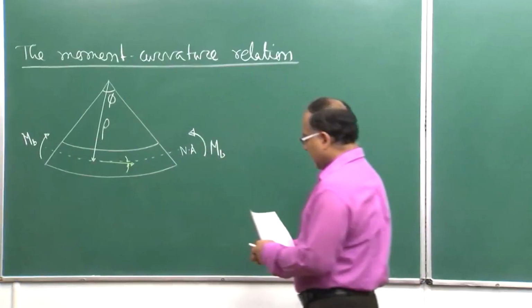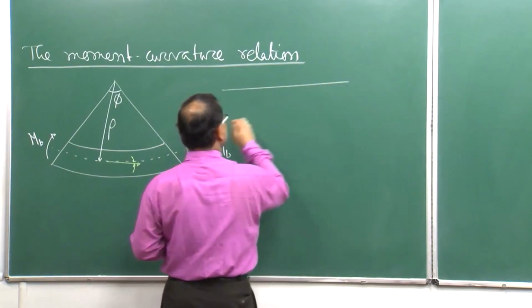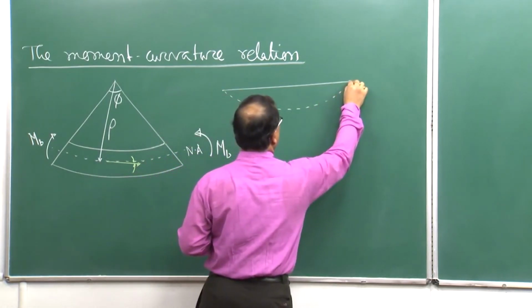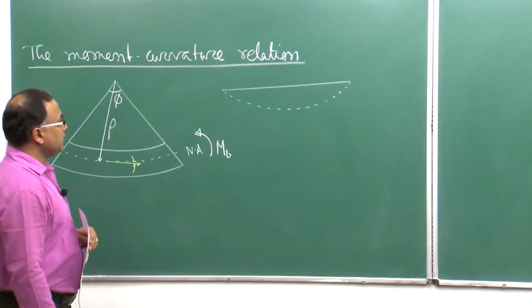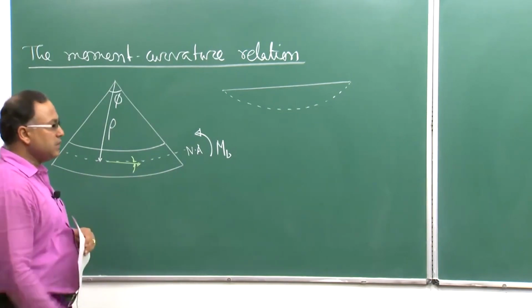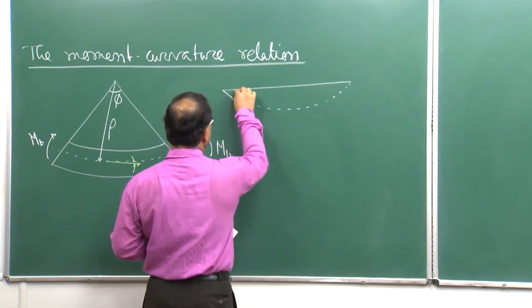Now, if I draw the line diagram, this was the original position, and then after deformation, after the application of the bending moment, it takes the shape like that. This is nothing but your slope.